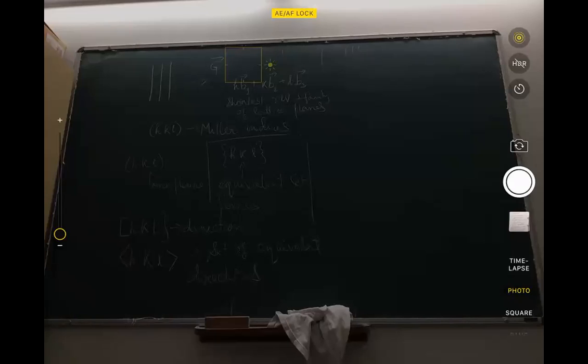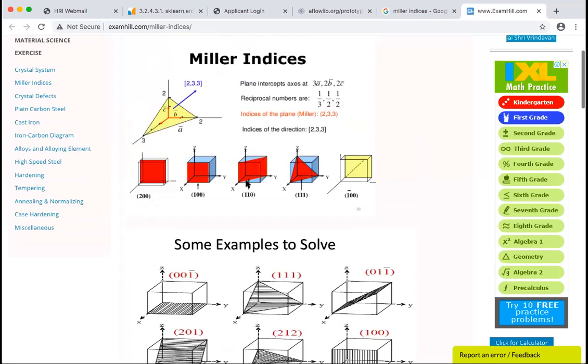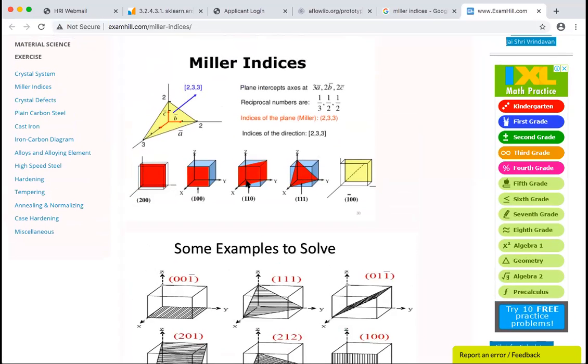Just give me a minute. I'll show you something. I'll just use one of these figures to illustrate the point.